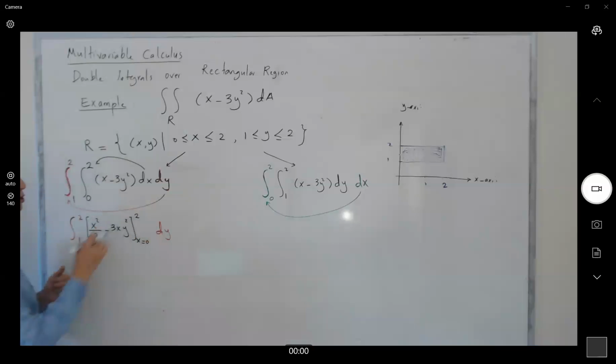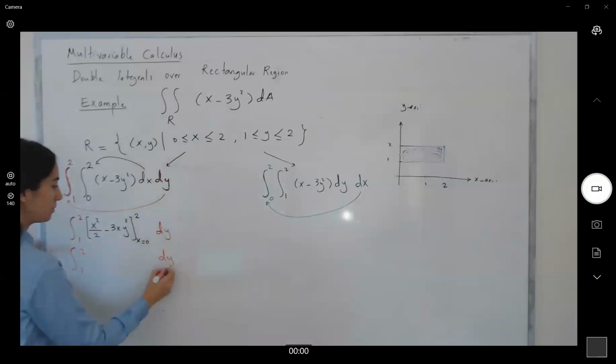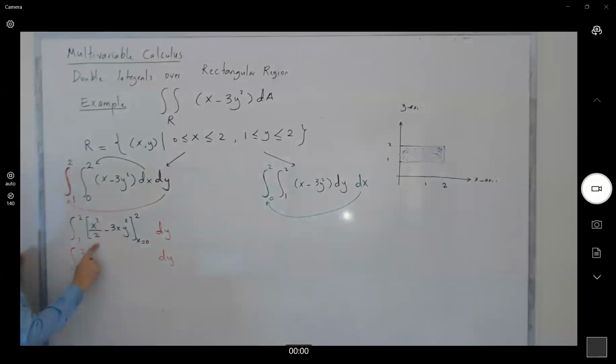lower limit. I just plug in 2 as the upper limit, and then I take the integral with respect to y. So here I have the integral from 1 to 2 dy, and if I plug in 2, I get 4 divided by 2, which is 2, minus 6 y squared.